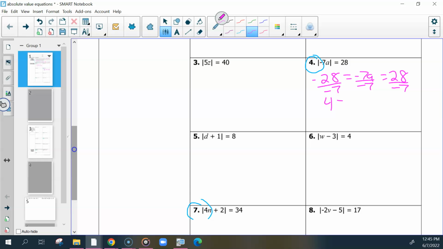So we now have positive 4, a, and negative 4, not 7. And then our solutions would be negative 4 and 4. Do we have any questions on that one?